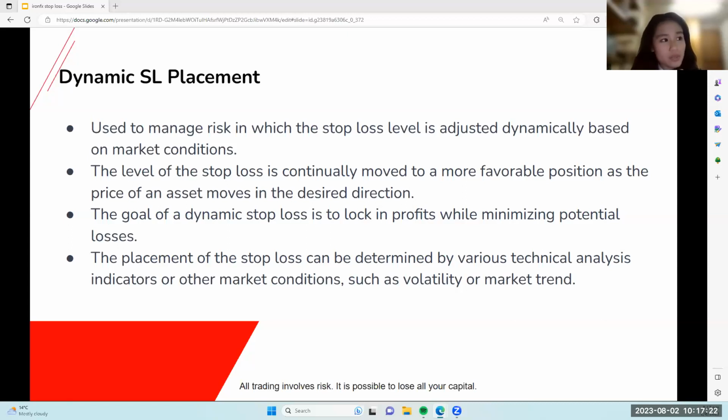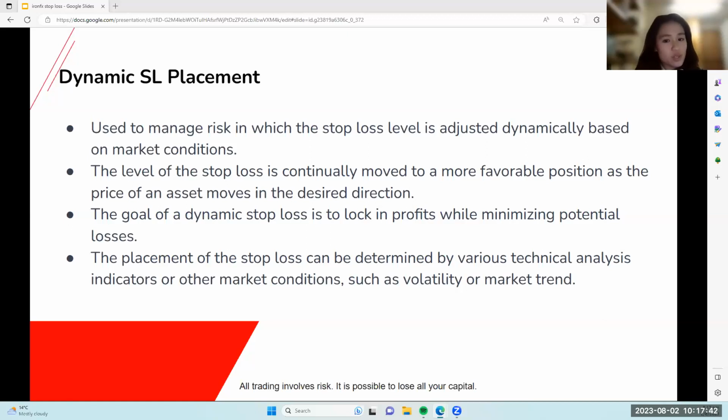The level of the stop loss is continually moved to a more favorable position as the price of an asset moves in the desired direction. The goal of a dynamic stop loss is to lock in profits while minimizing potential losses.